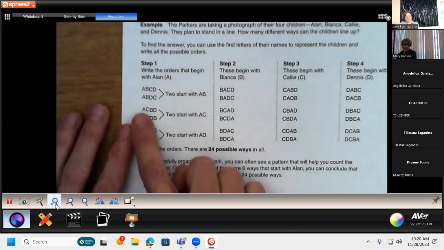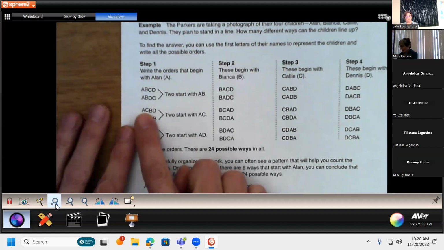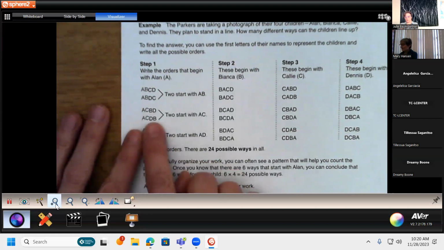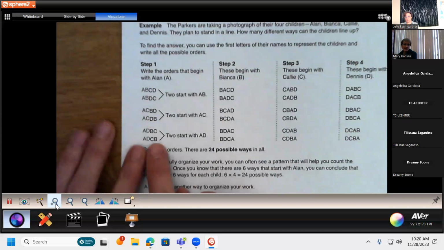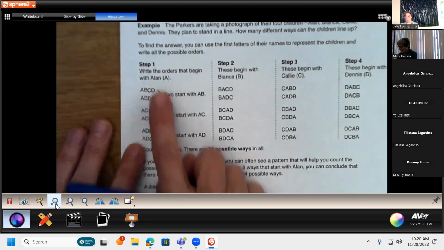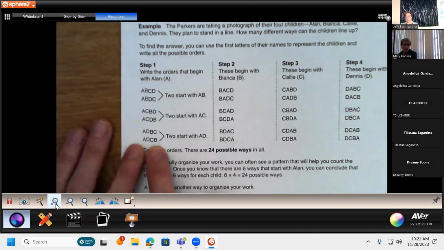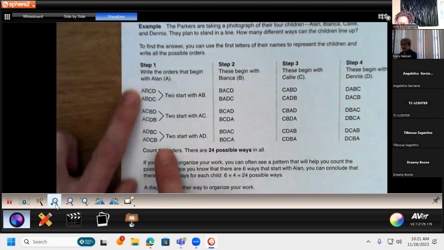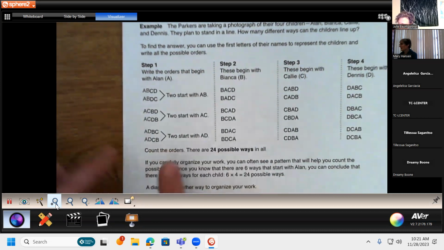Okay, so then you can put A, C, and you've got 2 kids left, and they can be in one order or reverse order. And then finally, you can have A next to D. And again, the last 2 kids can be in one order or they can be reversed. Okay, and so we found there are these 4 ways that the kids can stand in a line with Alan on the left-hand side. Okay.